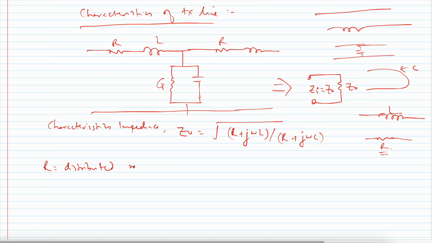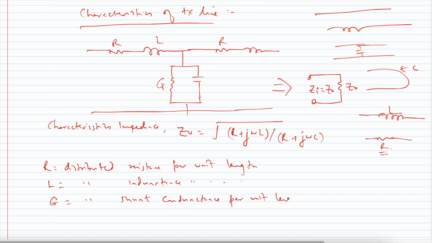Distributed resistance per unit length. R is this, L equal to distributed inductance per unit length, and G is distributed shunt conductance per unit length.